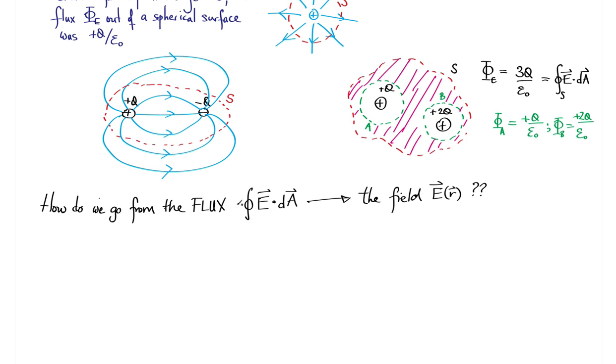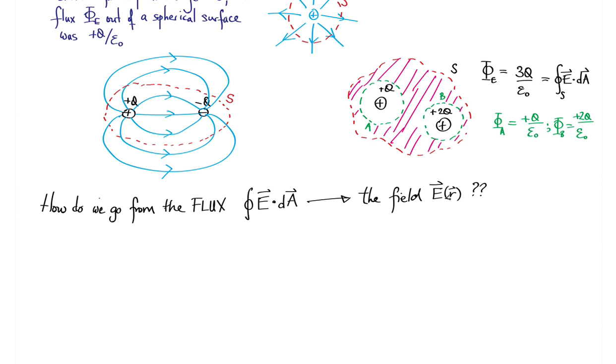But the law is only talking about this integral. So how do we go from this back to the thing we actually want, which is this, right? In general, it's not true that we can easily get the electric field from this in every case. Gauss's law is always true no matter what, but there are only a few particular instances where we can actually get the electric field for that charge distribution.